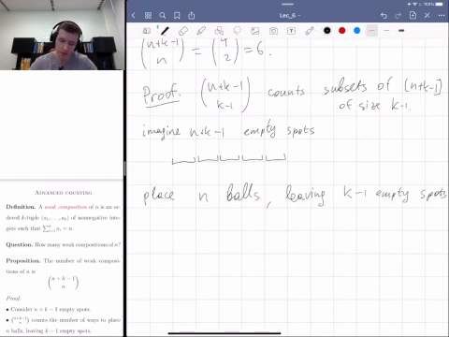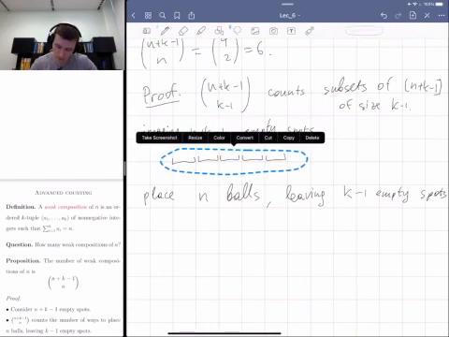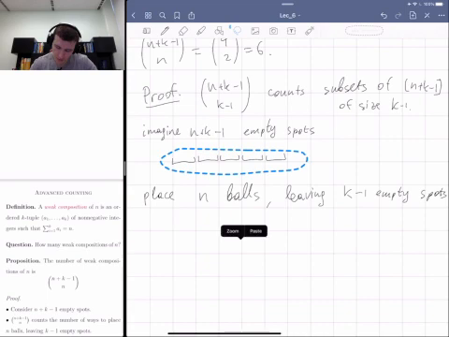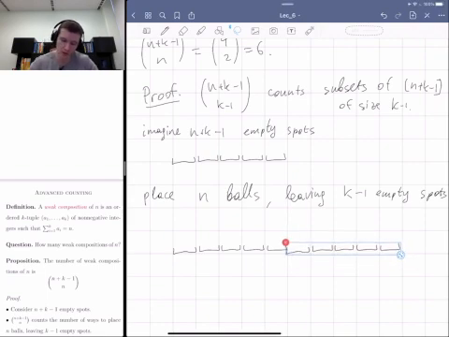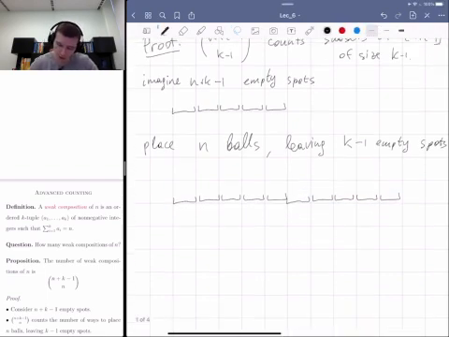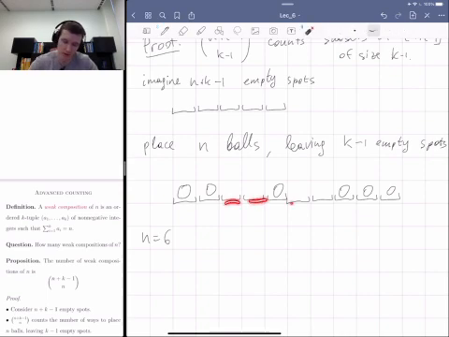Let me try a bigger example. Let's try 10 spots, and I'm going to place some number of balls, choosing randomly. 1, 2, 3... So here, n is equal to 6, and k minus 1 is the number of empty spots, so k is equal to 5.